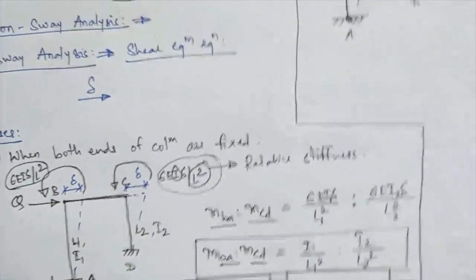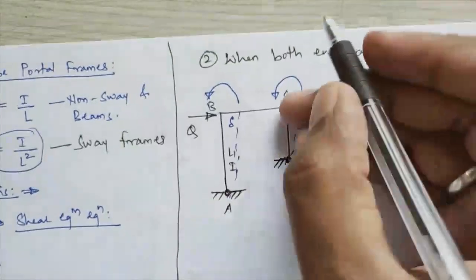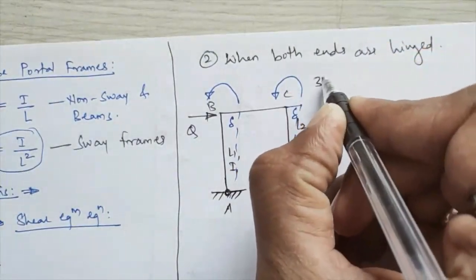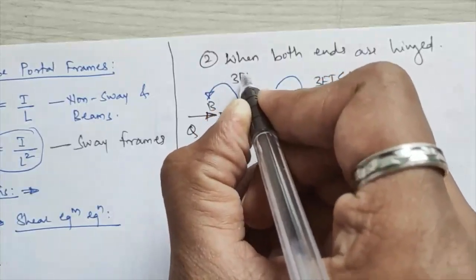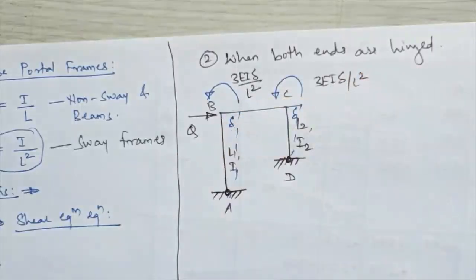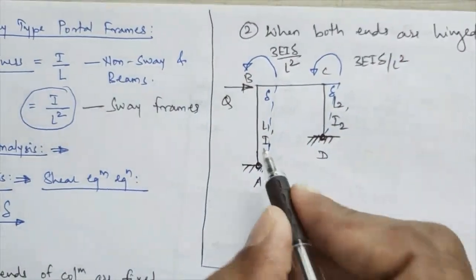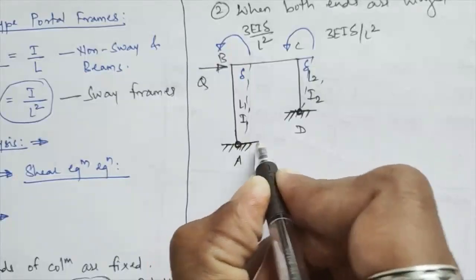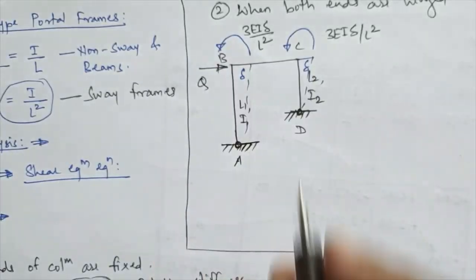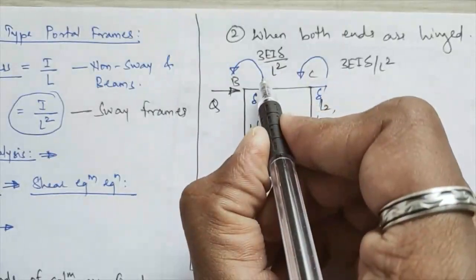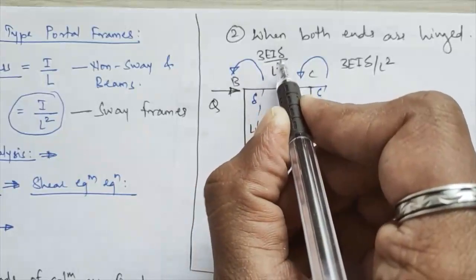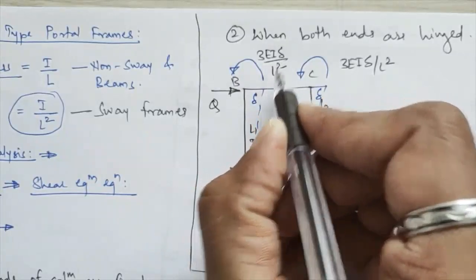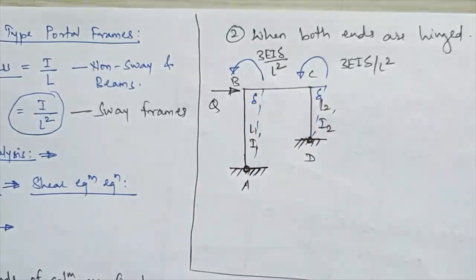In the case of the hinge support, this value becomes 3EI delta upon L square, and the other will also be 3EI delta upon L square. So note the change: when your far end is hinged, the translational displacement causes a moment of 3EI delta upon L square. Instead of 6, here you have to make it 3.